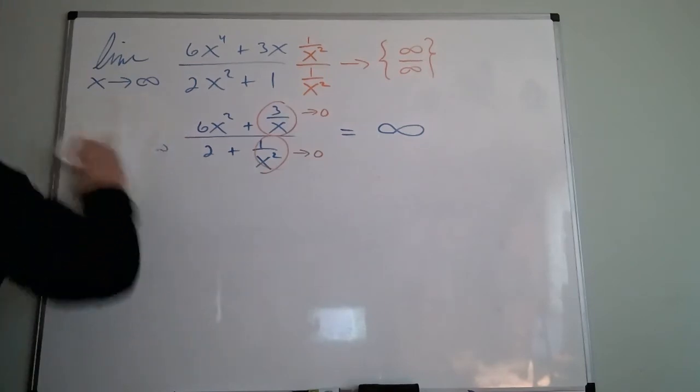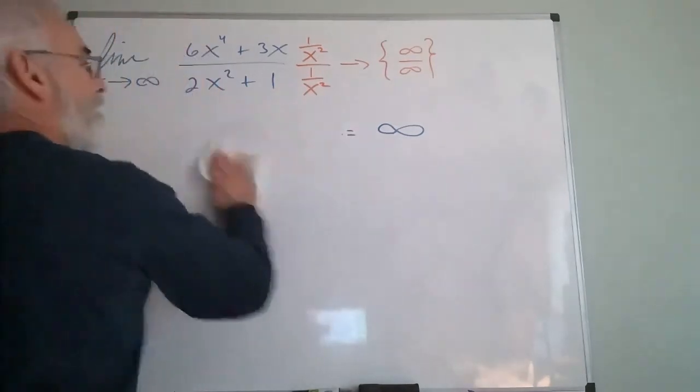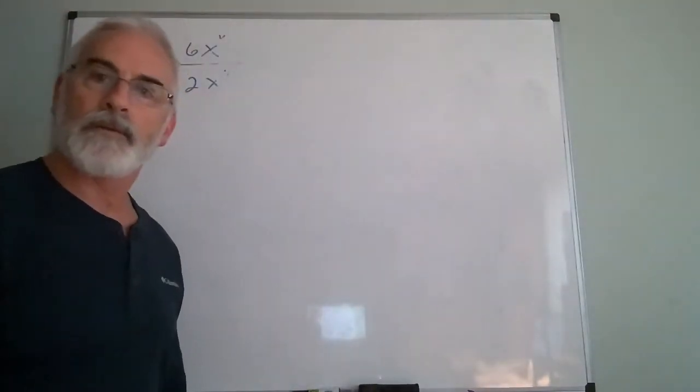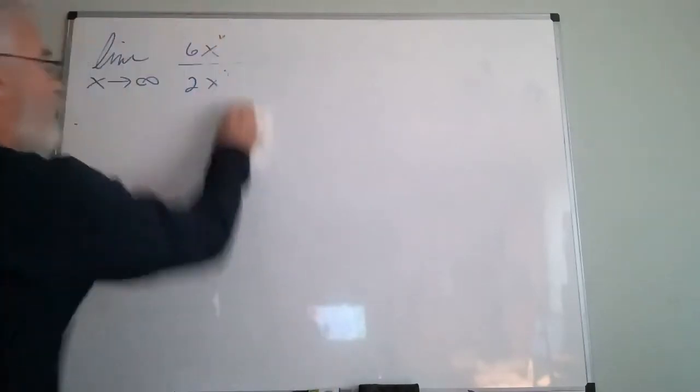Yes, sir. On the previous question, they were both approaching 0, and there was a constant in the denominator, but the answer was 0. Why? Because the numerator approached 0.